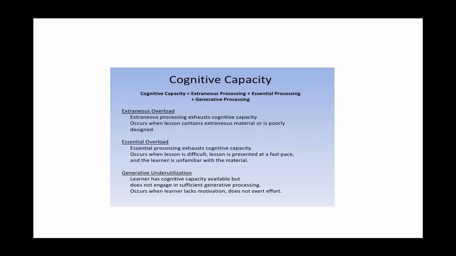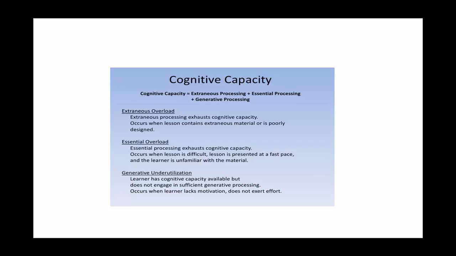So extraneous overload means when our cognitive capacity exhausts. It occurs when a lesson contains extraneous material or is poorly designed. Essential overload is caused by the complexity of the material.